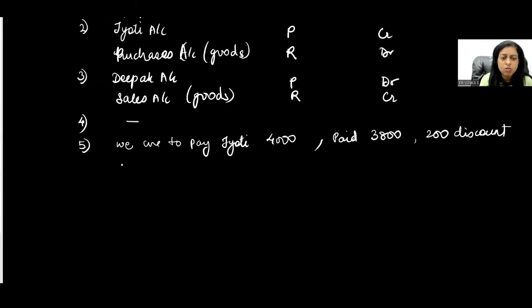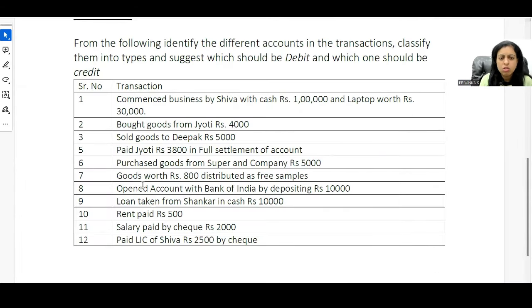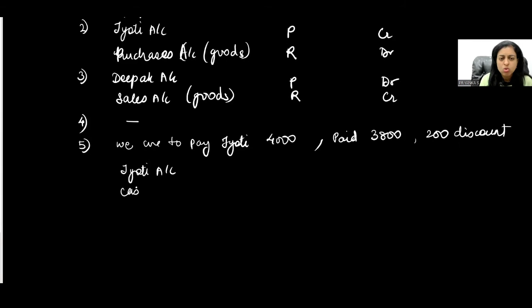So what we have here first is Jyoti's account, fine, and we are paying her, so cash account. We don't know whether it's paid by cash or bank, but we assume it's cash. And what about this differential 200 rupees that we have? This is a discount account.